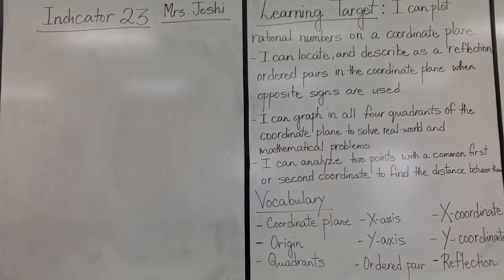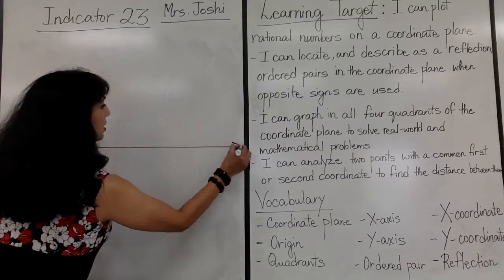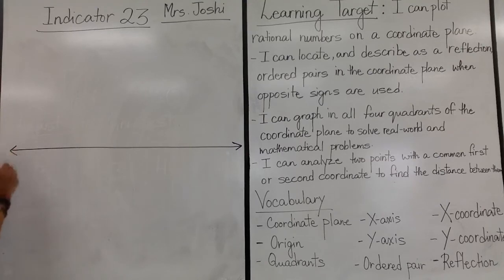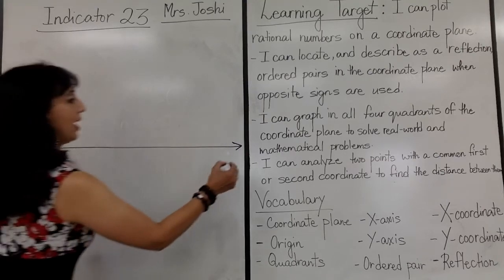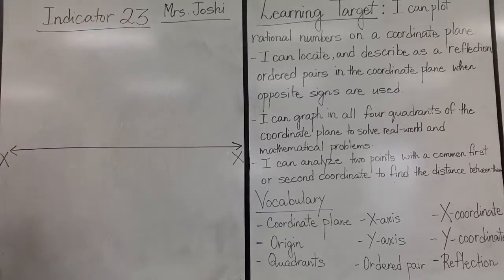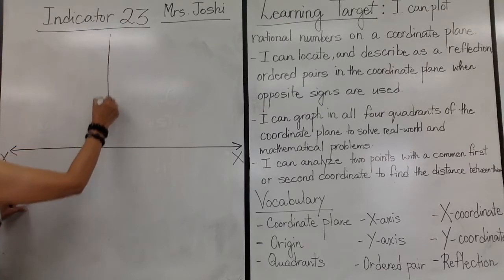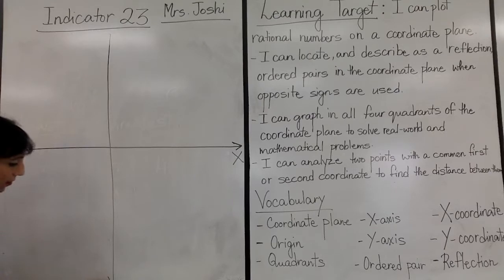So it's formed by the intersection of a horizontal. So here we go. This is horizontal, and this is also called the x-axis. All right. And then we have the vertical, which goes up, down.